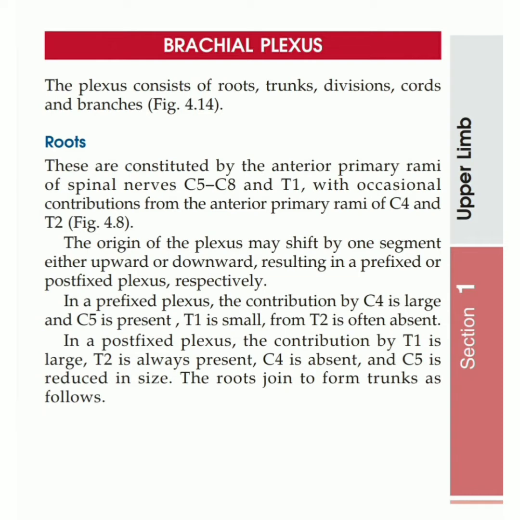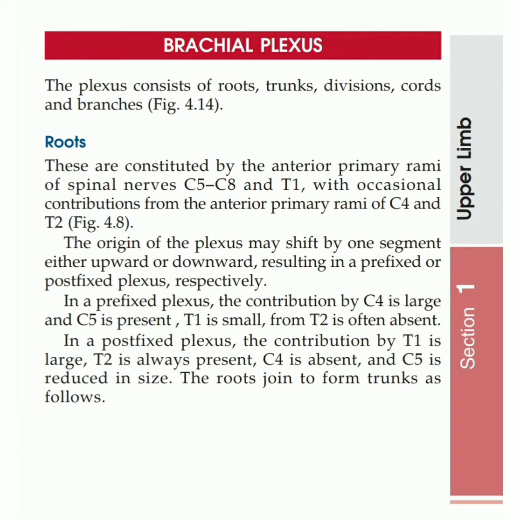The plexus consists of roots, trunks, divisions, cords, and branches. Roots. These are constituted by the anterior primary rami of spinal nerves C5 to C8 and T1, with contributions from the anterior primary rami of C4 and T2. The origin of the plexus may shift by one segment either upward or downward, resulting in a prefixed or a postfixed plexus, respectively.